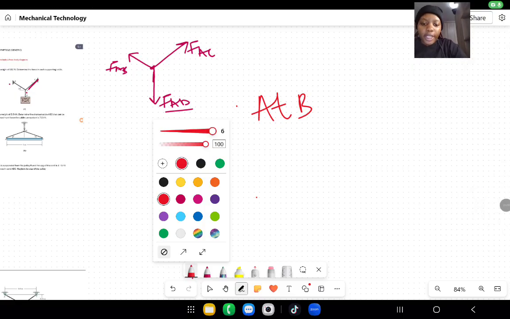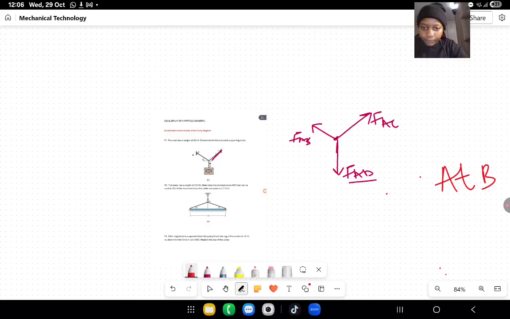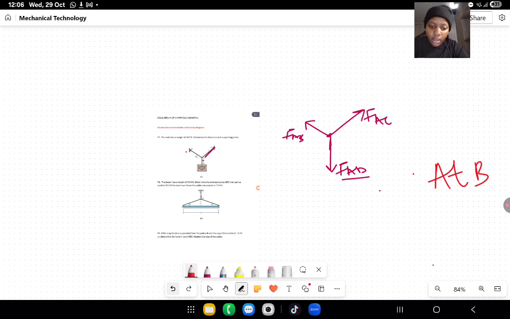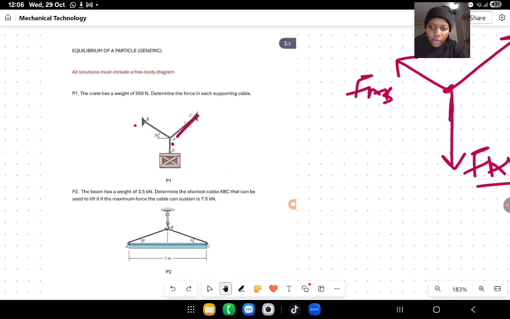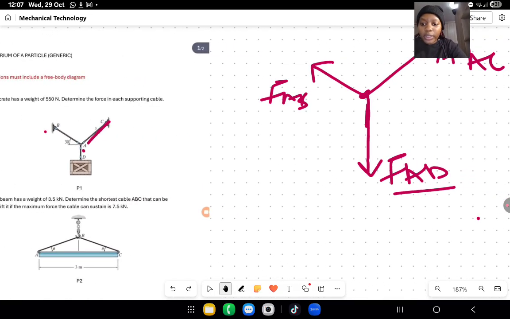So at B, we go back and look at the diagram that we have. At B, we will draw this triangle so that we can all understand.